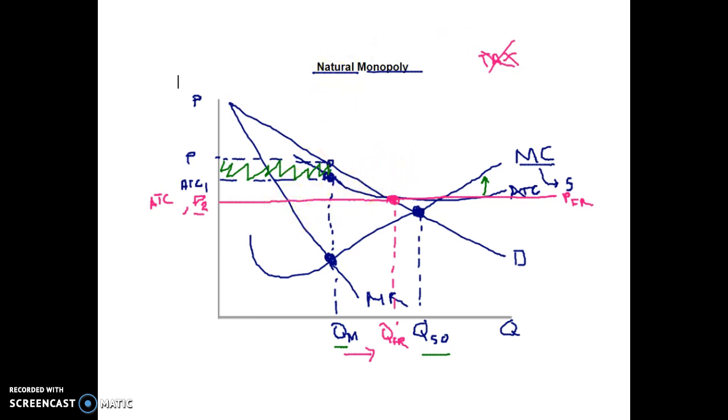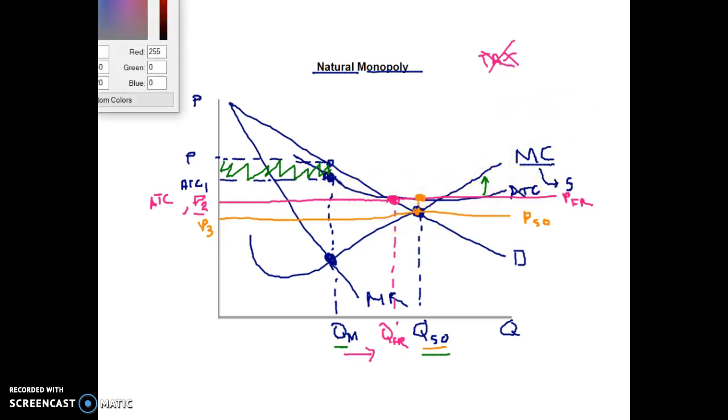Now, the second option that we have, which we will never use, is to set a price ceiling right here. And we'll call this PSO. This is setting it at the socially optimal quantity. This becomes our price. We'll call this P3. And when this becomes our price, we will produce where society wants us to produce. However, we're going to operate at a loss. We dash up here. That's going to be my ATC, where the ATC is intersected there.